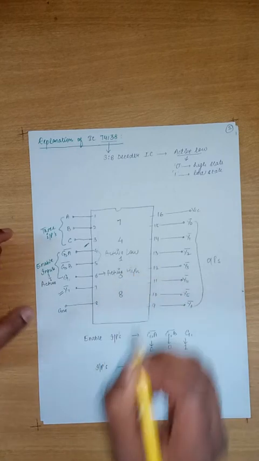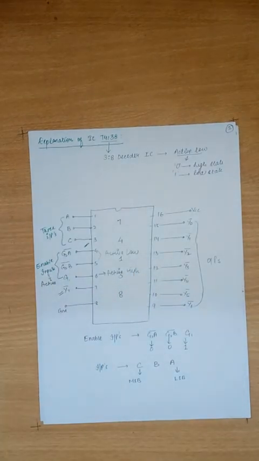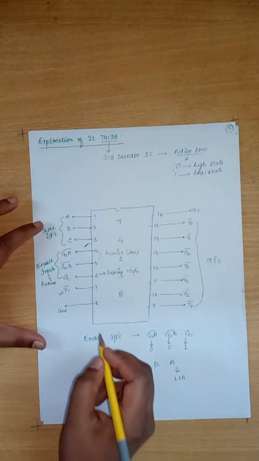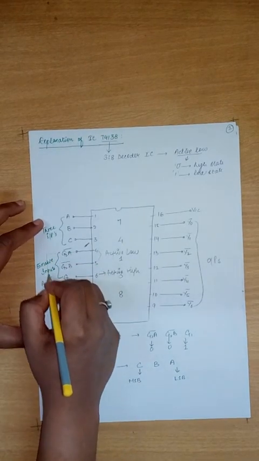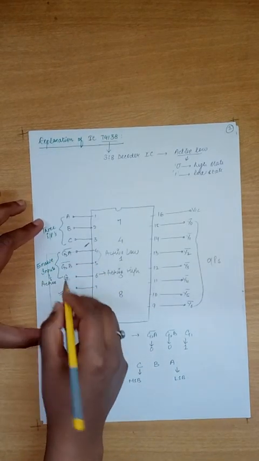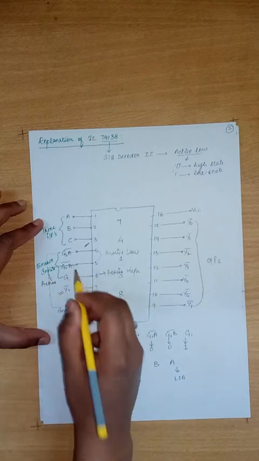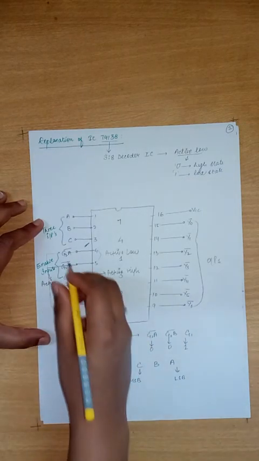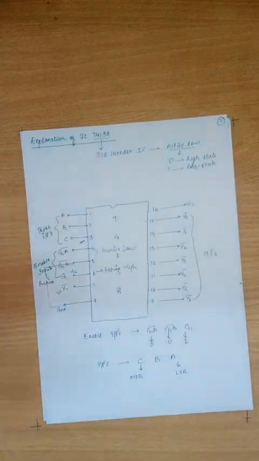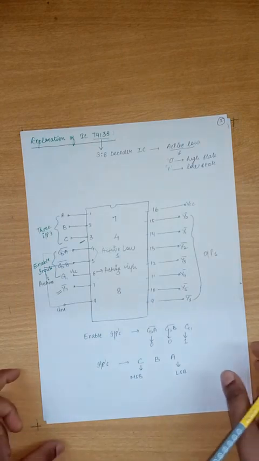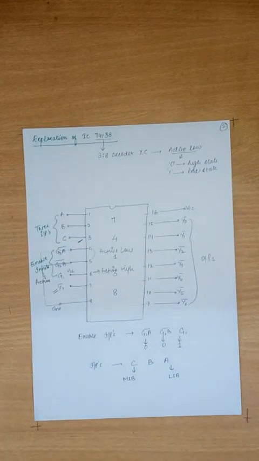Since pins 4 and 5 are active low, they will be connected to ground, whereas pin number 6 is an active high pin, so it will be connected to VCC. This should be kept in mind: we have to connect pin numbers 4 and 5 both to the ground. It is a must for the system to work, and pin number 6 will be connected to my supply, VCC, because it is an active high pin.